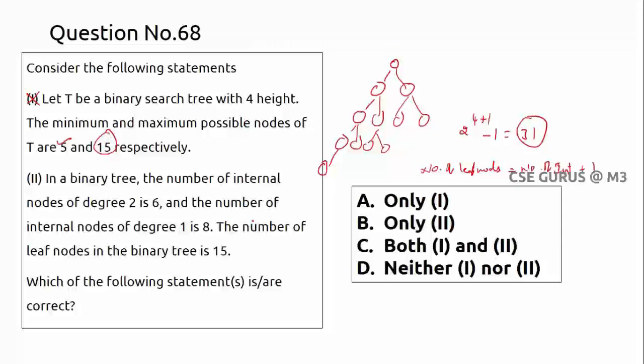That is 6 plus 1, which is 7 only. Sorry, that is leaf nodes. You will get only 7, but it is given as 15. This is also wrong. So both statements are wrong, and option D is the correct one.